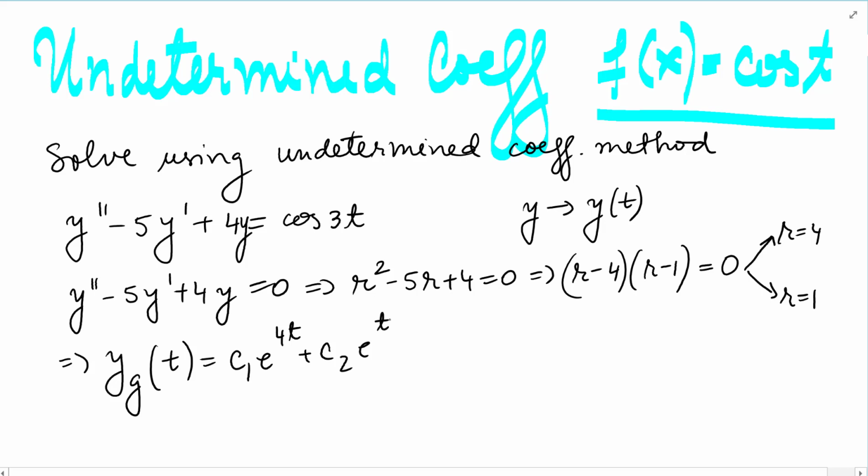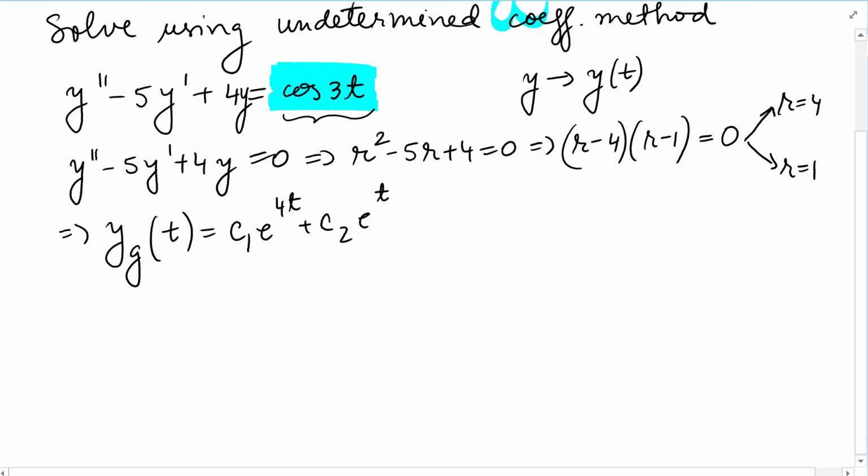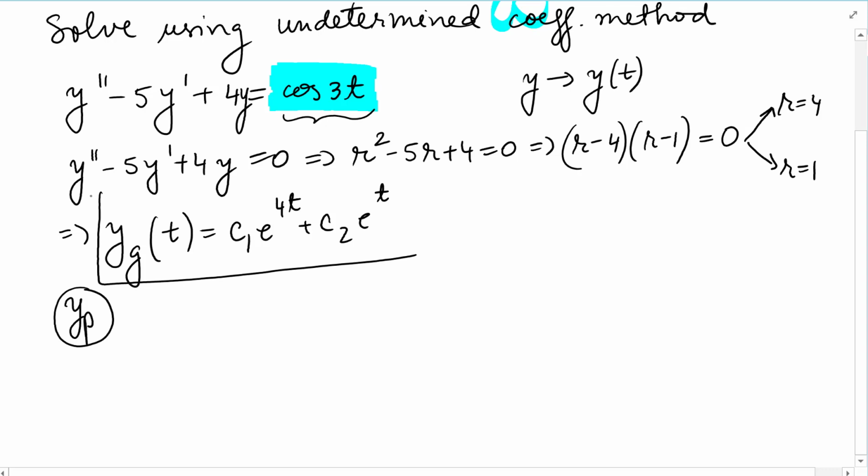So this is general. Now the undetermined coefficients method helps us find the particular solution of the equation, knowing that the function on the right is a trigonometric function, in this case cosine of 3t. So let's do that. We're looking for a particular solution. I'm going to put the general solution in a box to save it for later.